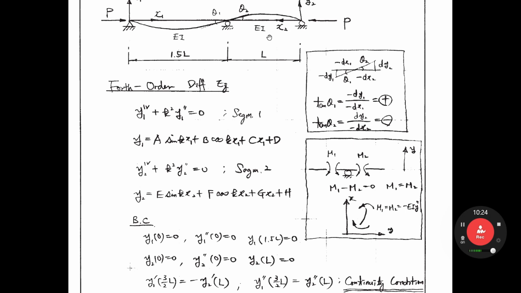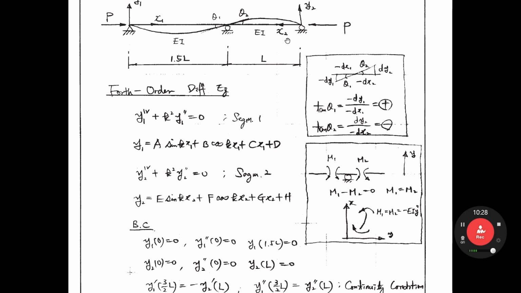Let's look at the right hand side member. We use coordinate x2, y2. The governing equation is y2'''' plus k square y2'' equals 0 for segment 2. So the general solution is y2 equals e sine kx2 plus f cosine kx2 plus g x2 plus h.